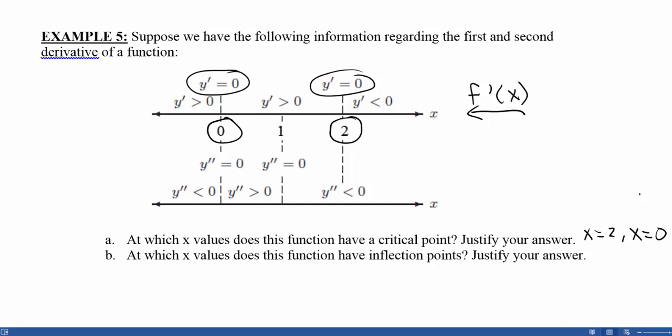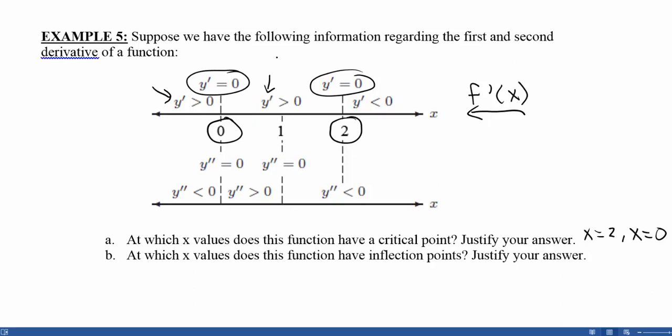Now, if I wanted to find out what kind of critical points these are, I could use my first derivative test here to figure out if these were local maximums or local minimums or neither. So I want you to notice what's happening at 0. To the left of 0, we have that my first derivative is positive, and to the right, I have again that my first derivative is positive. So here, my first derivative didn't change signs.